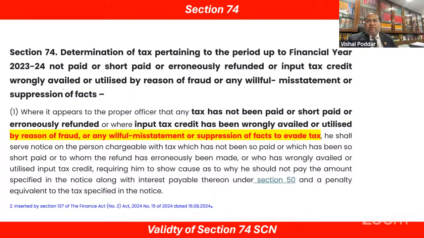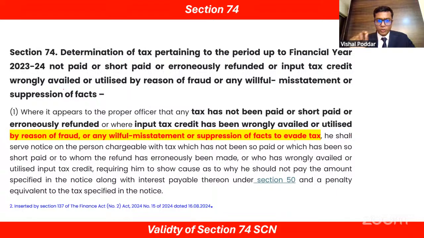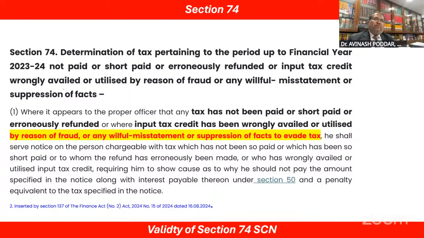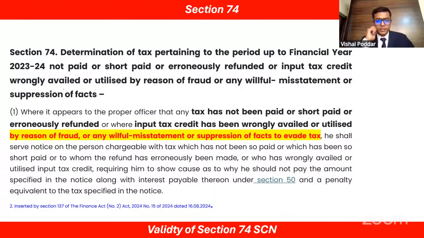At least under this section, when I'm reading it like this, short paid, not paid, and tax erroneously refunded. Correct. So that means ITC will not fall within the purview of the tax. It will fall independently as an ITC wrongly availed or utilized, and that can be demanded under section 74, isn't it? Yes. Right.